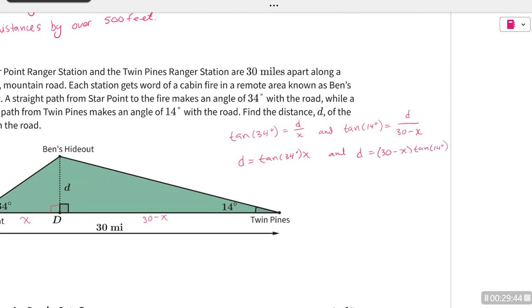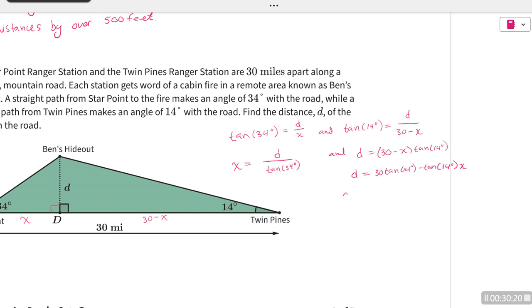So let's do that. Let's isolate x. So x equals, here I'm going to cross multiply and get d over tan of 34 degrees. And here I'll use what we have already. I'll distribute that tan of 14, so 30 tan of 14 minus tan of 14 x. That allows me to subtract.